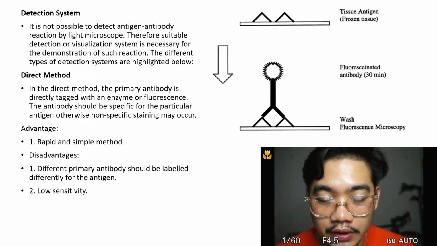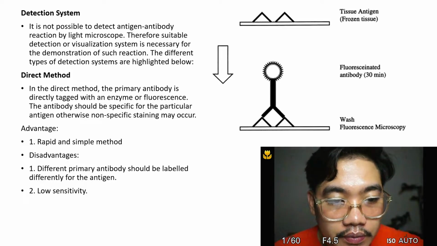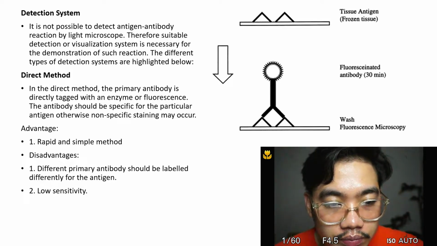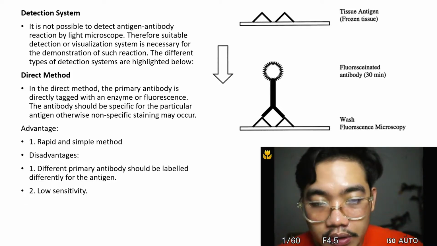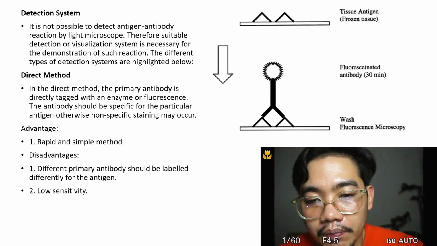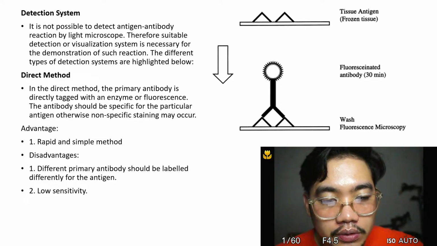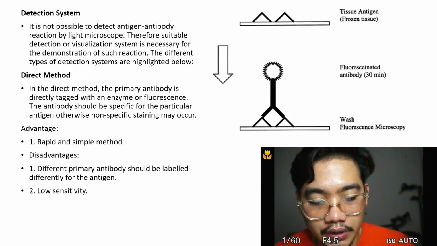The antibody should be specific for the particular antigen, or otherwise non-specific staining may occur. It's rapid because in just one step, once it attaches to the antigen, it shows immediately. Different primary antibodies should be labeled differently for each antigen, and it has low sensitivity.